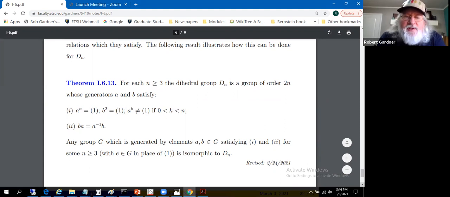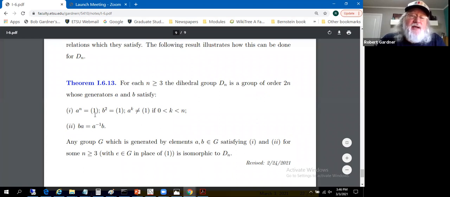What we have is a subgroup of S sub n. So we have a big umbrella group and we're just looking at a subgroup and dealing with it in terms of some properties of the two generators of that subgroup. So for each n greater than or equal to 3, the claim is the dihedral group D sub n is a group of order 2n whose generators A and B satisfy the conditions.